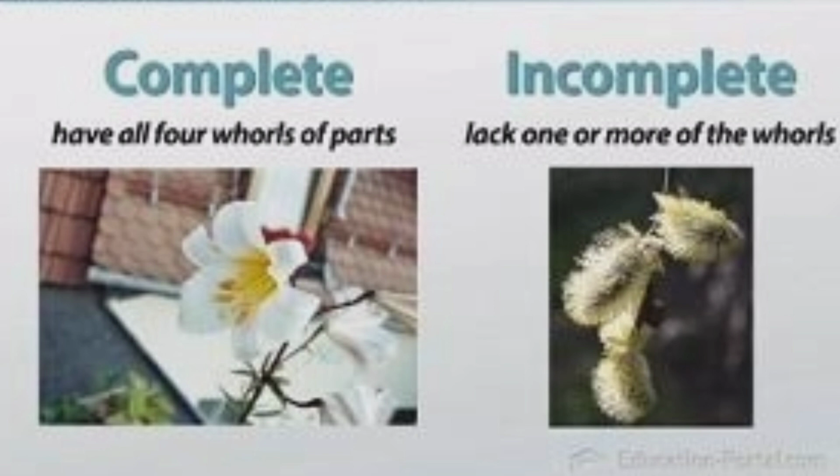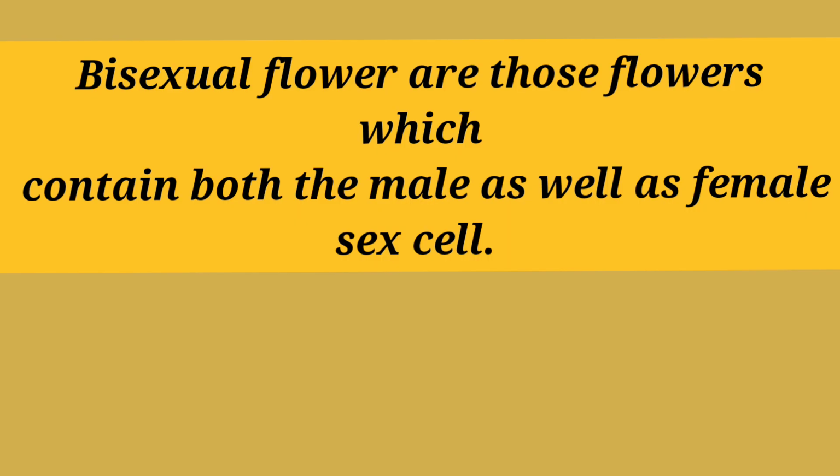Then incomplete flower: a flower in which one or more floral whorls are missing is called an incomplete flower. Examples: flowers of date palm and mulberry trees. Here in the picture you may find that many whorls are missing, that's why it is called an incomplete flower.